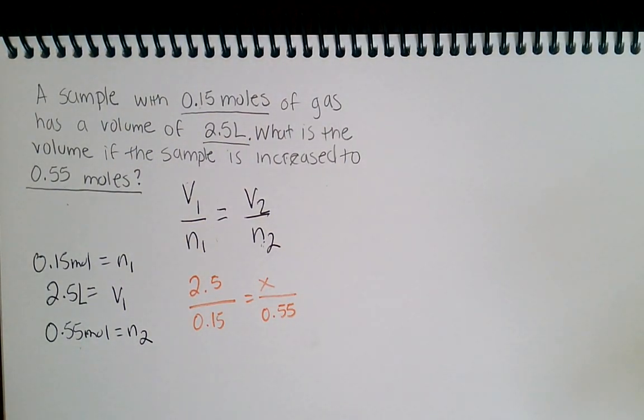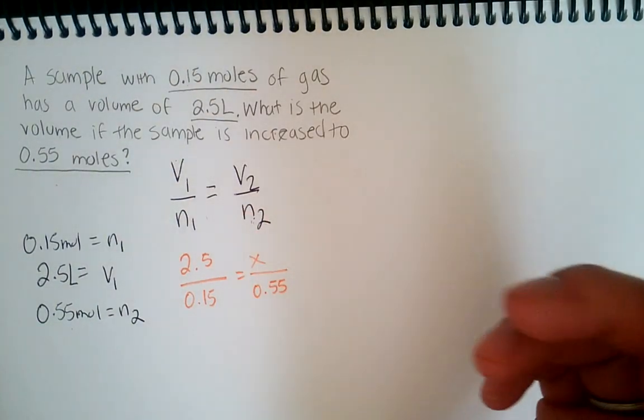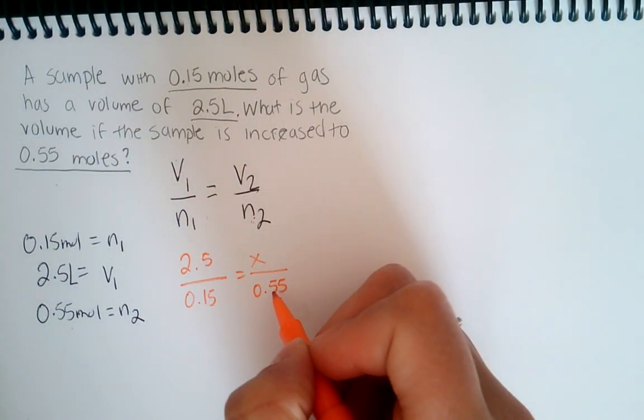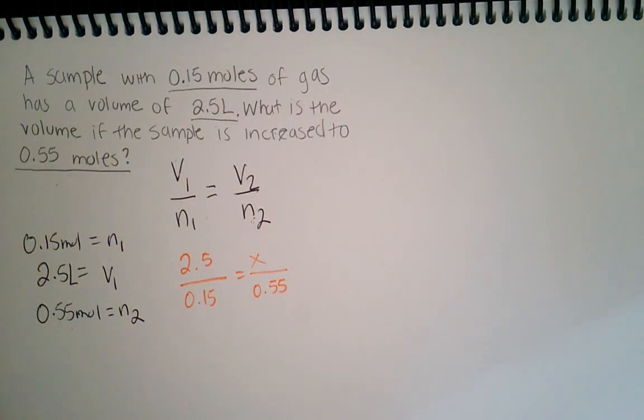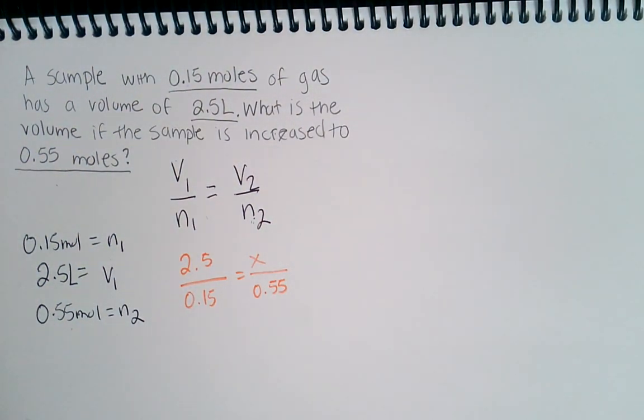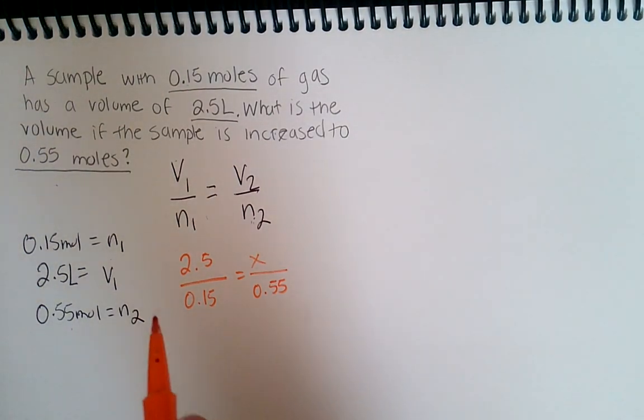Now it just becomes a simple proportion, and most of you have done proportions now, so you're going to cross multiply and divide by this. So I want you to pause it and try this out in your calculator. If you do this, 2.5 times 0.55 is going to give you 1.375, okay?